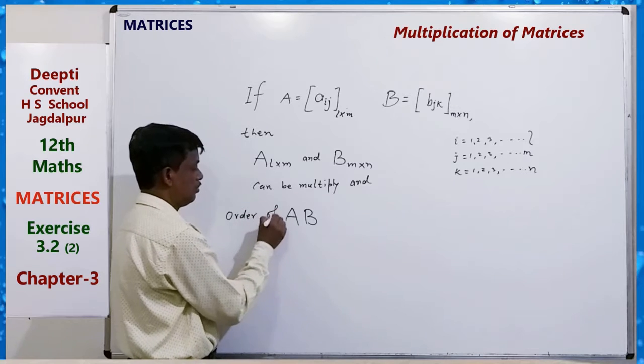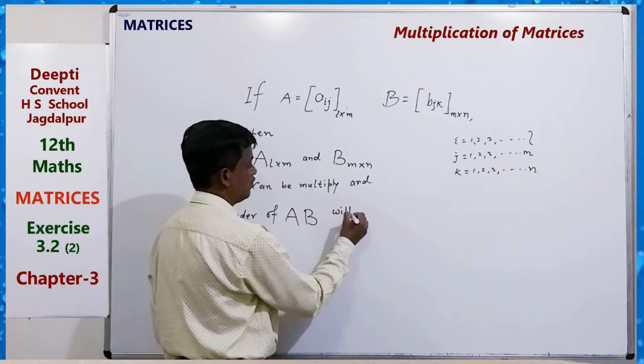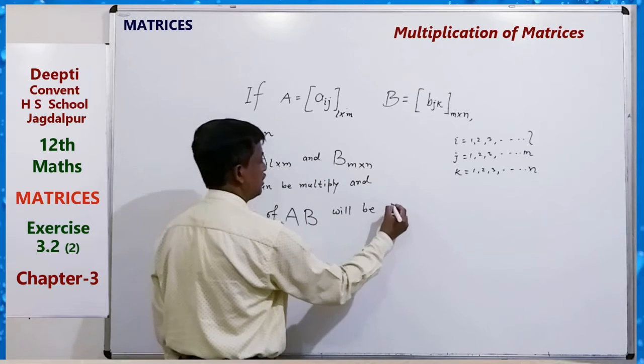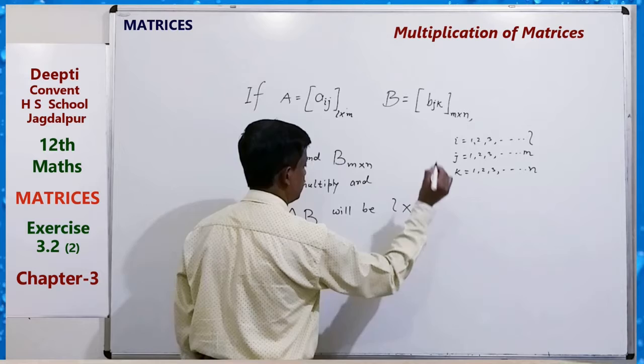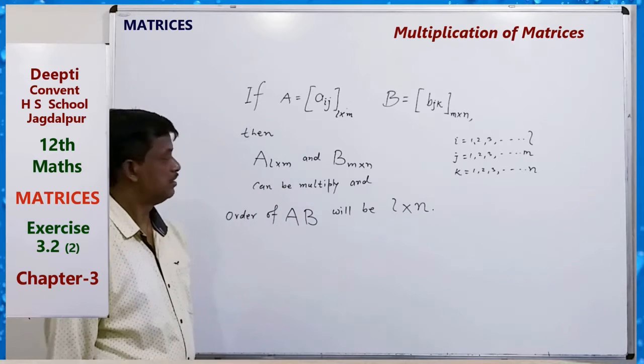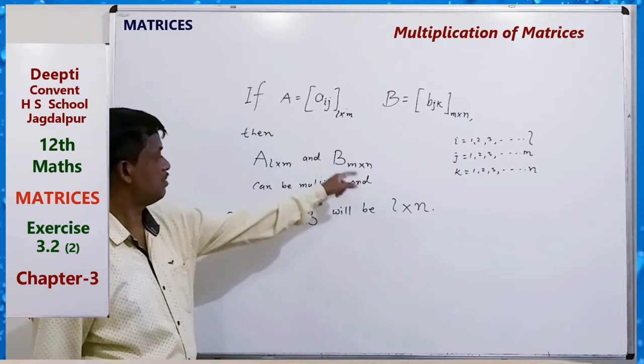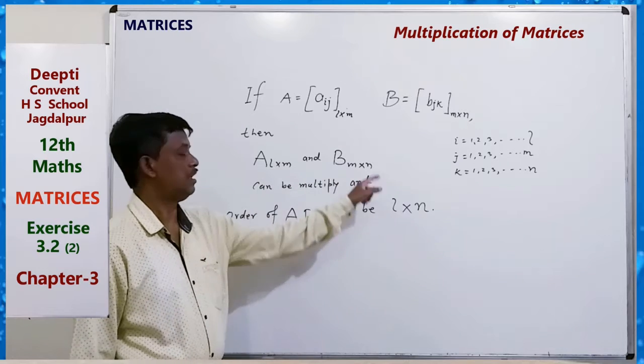Order of AB will be, omitting these two, L by N. L by N. Clear? So M and M are common, omitting these, then L by N.